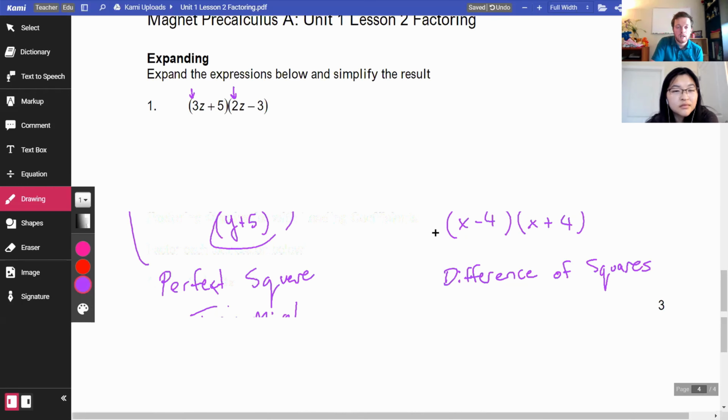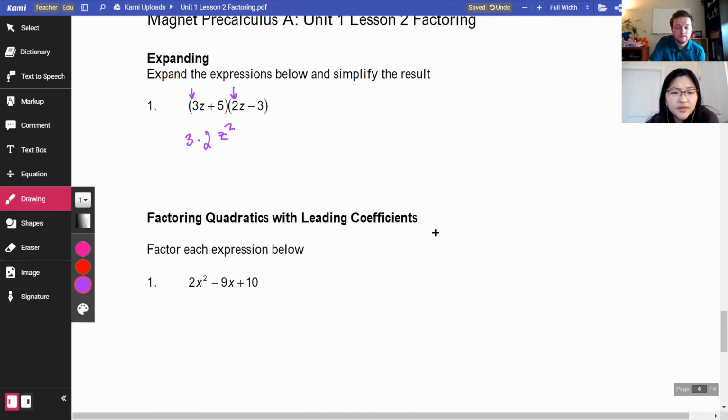We're going to get 3 times 2 times z squared. Awesome. And then we get what? Negative 3 times 3z. Plus 2 times 5z. And then minus 3 times 5.